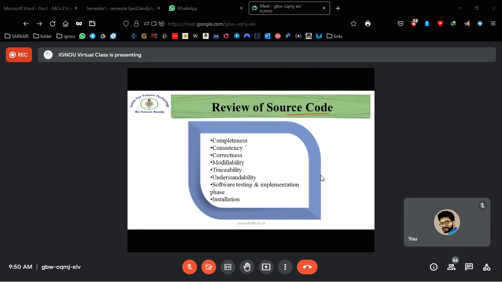Although all the code is there for all aspects of the module, consistency and correctness must be there, meaning all those aspects must be matched with the code which is readily available with us at the time of development. Once the development is over, the things will enter the installation phase. Again, a new set of challenges will arise in this phase. So while reviewing the source code, whatever challenges we face will come up, and they will be documented also.